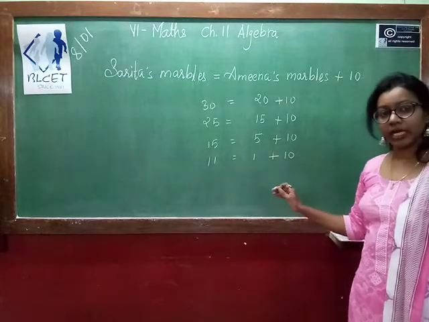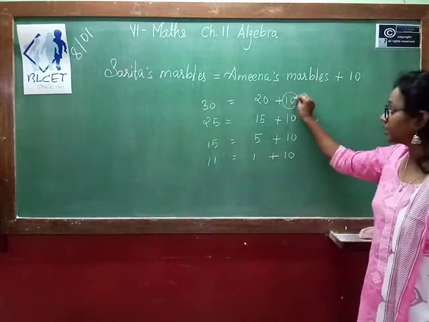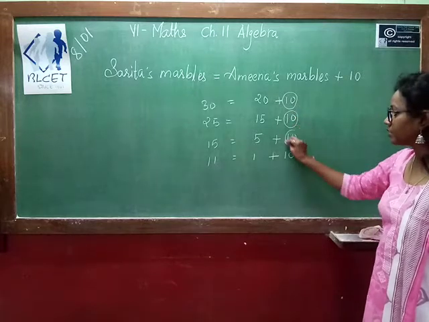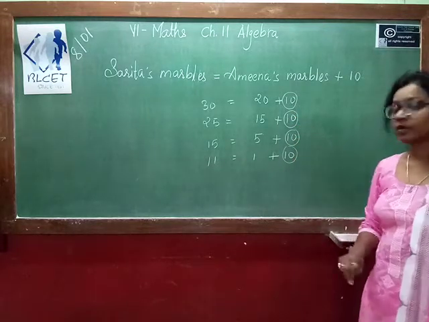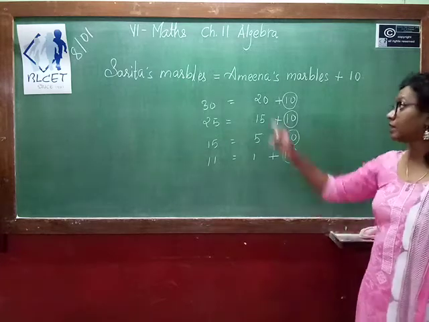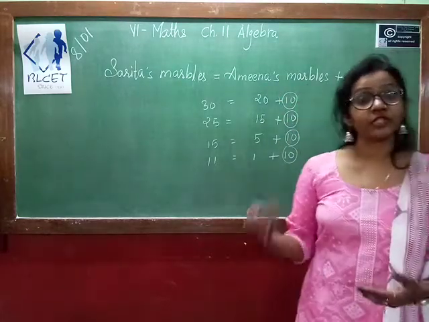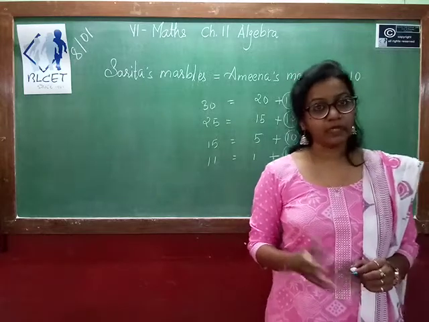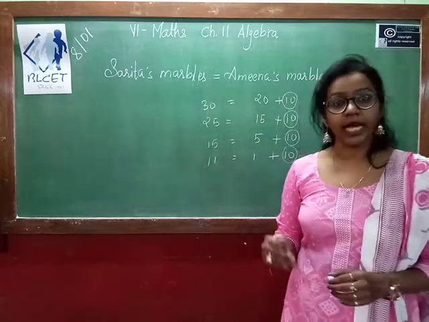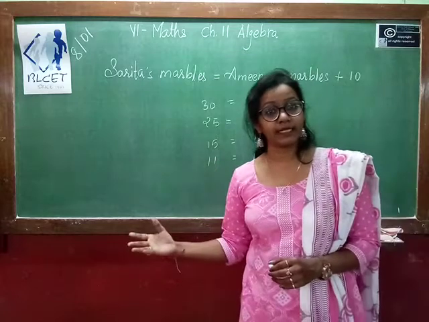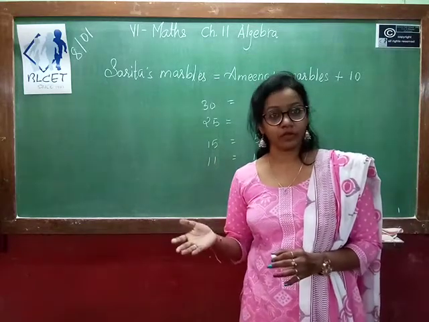If you observe the calculation, this term remains constant. So what is varying? Amina's marbles. We don't know how many marbles Amina actually has. But we know the condition that whatever Amina has, Sarita has 10 more.